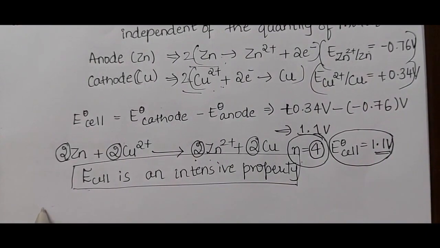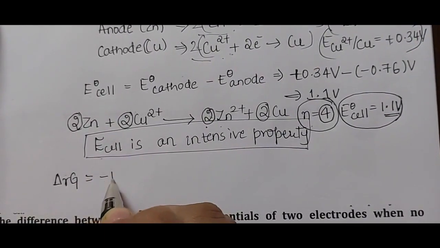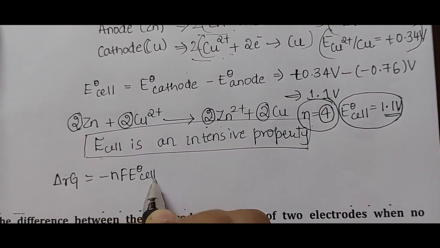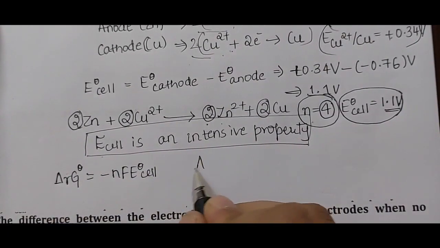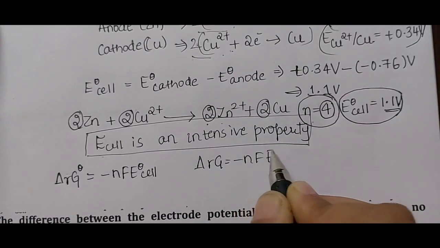But if we consider Gibbs free energy change, it is given by the equation delta G naught equals minus nF E naught cell, or you can write delta rG equals minus nF E cell.